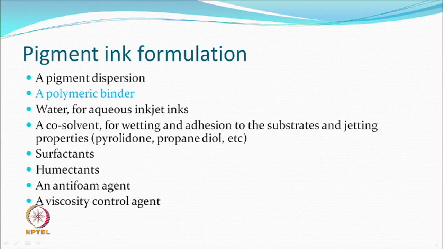Viscosity control agent means again some solvent may additionally be there, which would also mean a polymer could be there. Again we are saying it is a low viscosity system, but you still have to control the viscosity, and maybe a biocide, because you may want the ink to be stored for months together. Whatever aerobic or anaerobic growth you can have, you must not have.